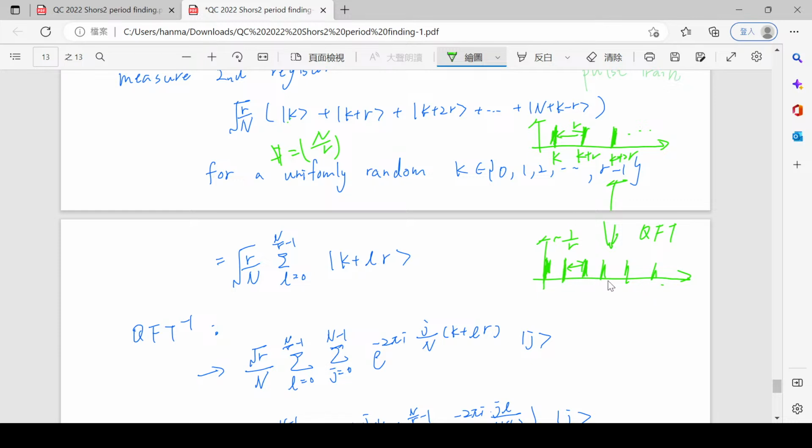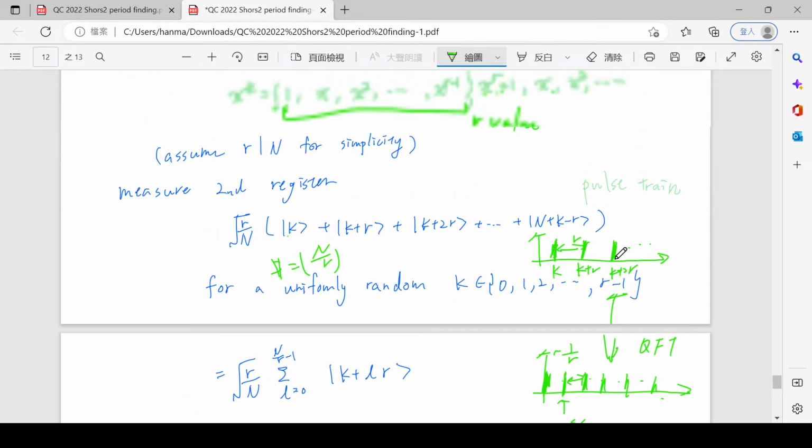Then if we measure here, this is where we get the s over r, because the spacing is 1 over r. That's how we get r out of this with the quantum Fourier transform.